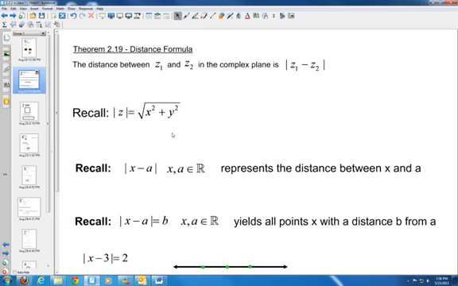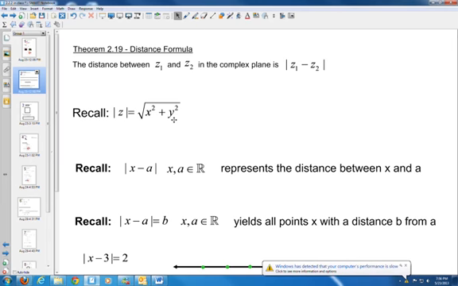Now, back to what we talked about a little bit in the previous chapter, and that was the concept of distance. The distance between two complex numbers z1 and z2 is given by the modulus of z1 minus z2. Now remember that the modulus of z is given by the square root of x squared plus y squared, where x represents the real part of the complex number and y represents the imaginary part.